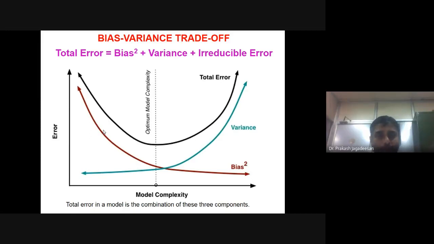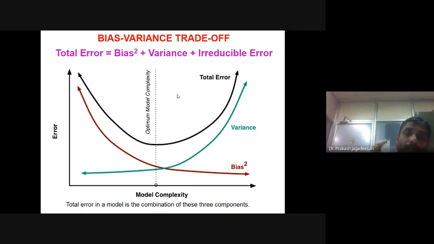If you try to reduce the bias, the variance will increase. On the right side, bias is low and variance is high. But as a result, the total error is increasing.